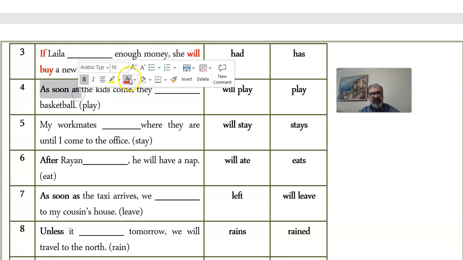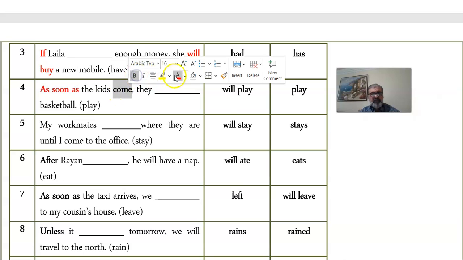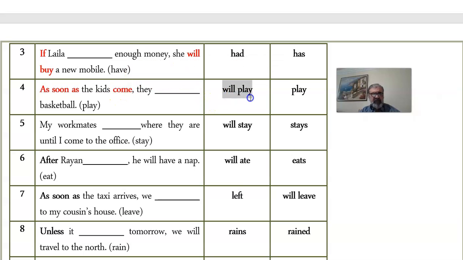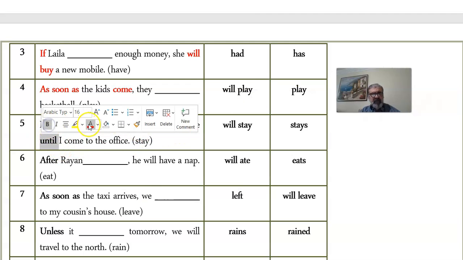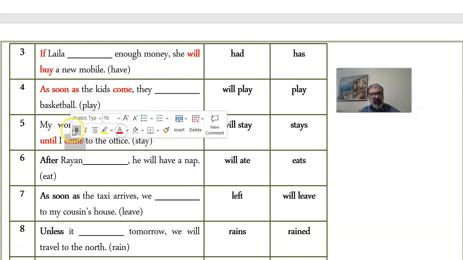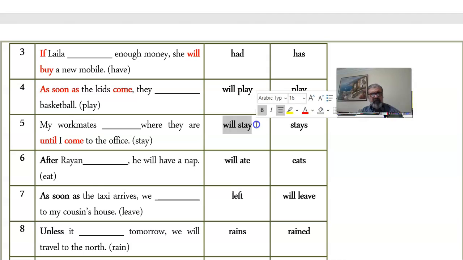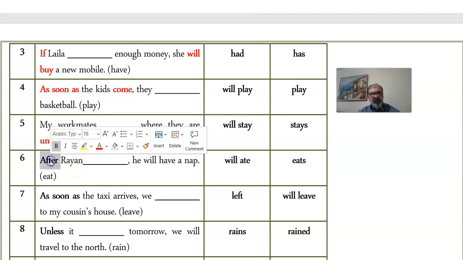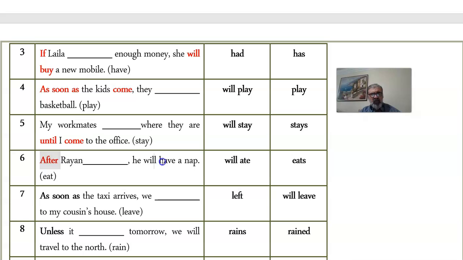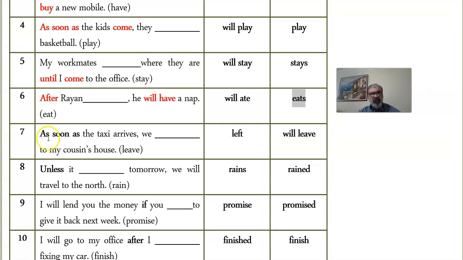As soon as the kids come, they will play basketball. My workmates will stay where they are until I come. Until is always used in middle position, so will stay. After Ryan eats, he will have a nap. As soon as he arrives, they will leave. This is the present simple and this is the future simple.